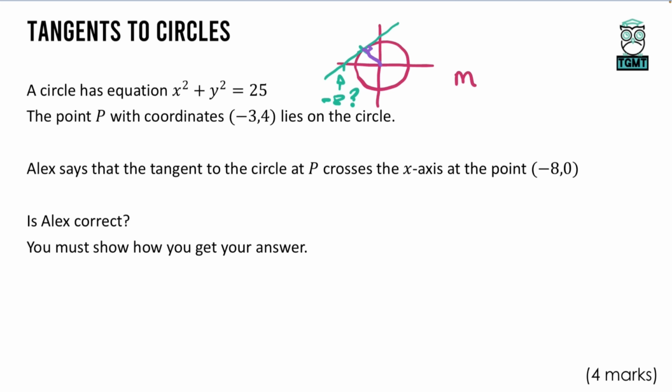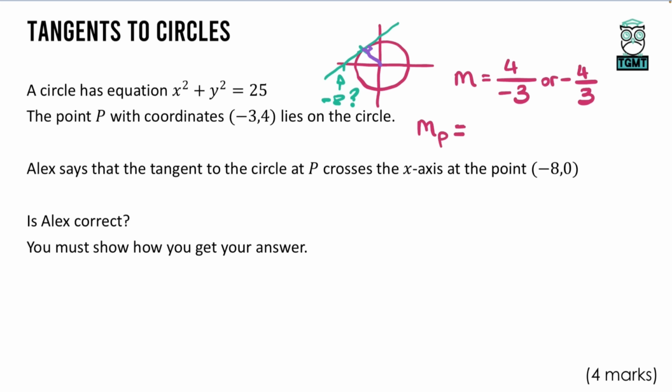So the gradient of the radius is 4 divided by the change in x. And x goes from 0 to -3. So it's -4/3. And there you go, you can write that in either form. Now, the tangent has the negative reciprocal of that. So the perpendicular gradient, which I write as MP, lots of different ways that you can write that.